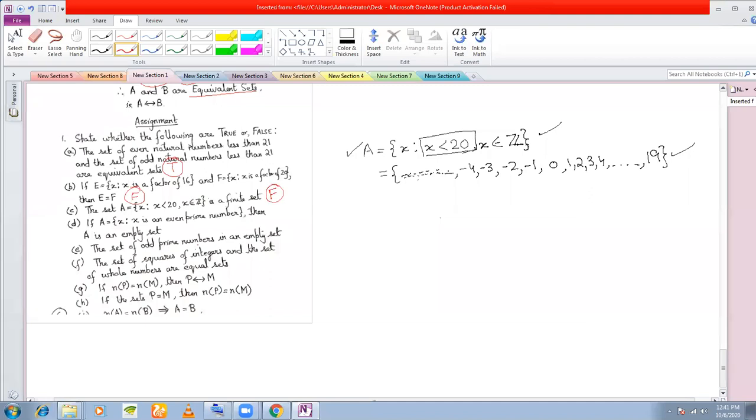Okay. Next one, D. The question here is, if A is equal to {x such that x is an even prime number}, then they are saying that A is an empty set.